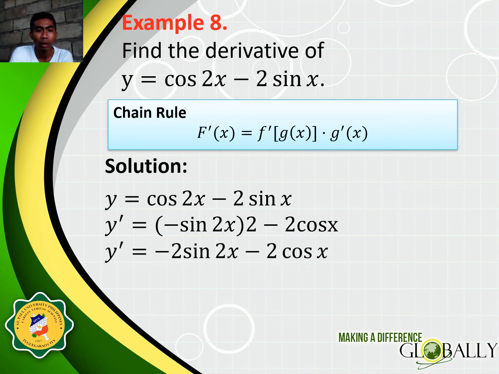Y prime equals negative sine 2x times 2, which is negative 2 sine 2x, minus 2 cosine x. Y prime equals negative 2 sine x cosine x minus 2 cosine x, using the double angle formula.